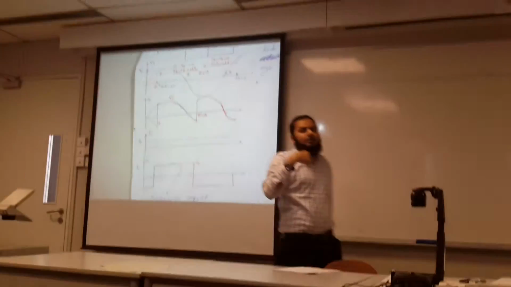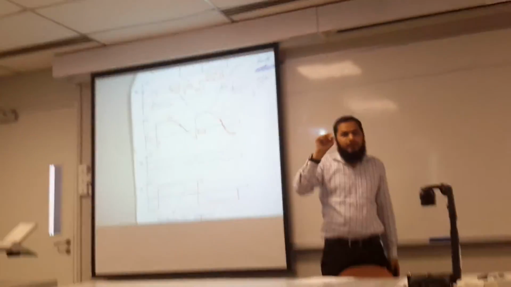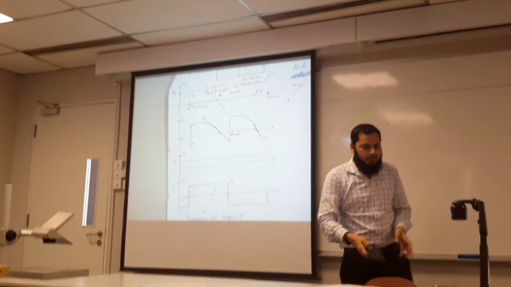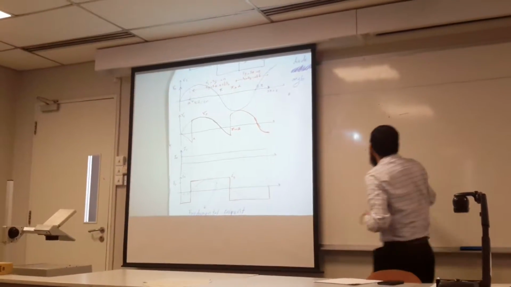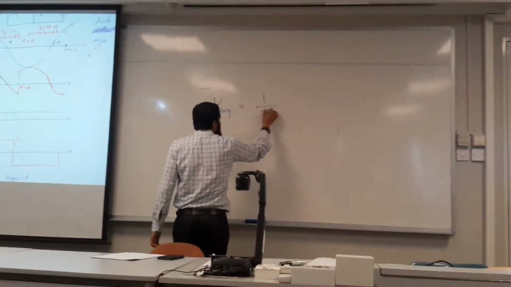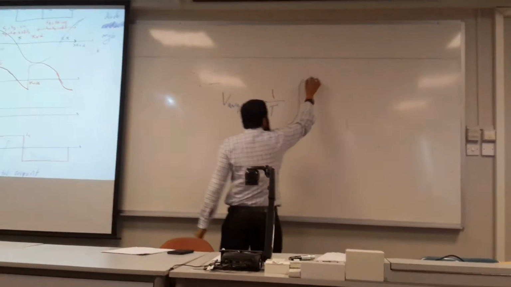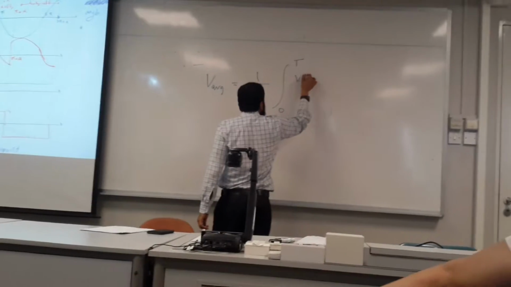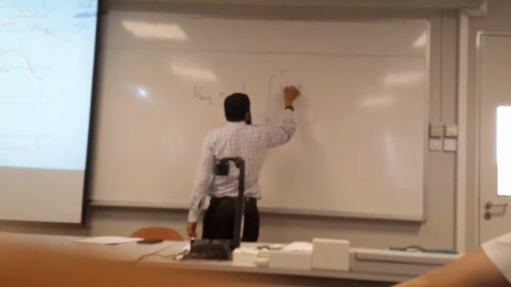So for this signal we can take the time period as 1 upon pi and integrate. Because how to calculate the average? V average equals 1 upon T integral from 0 to T of V dt.